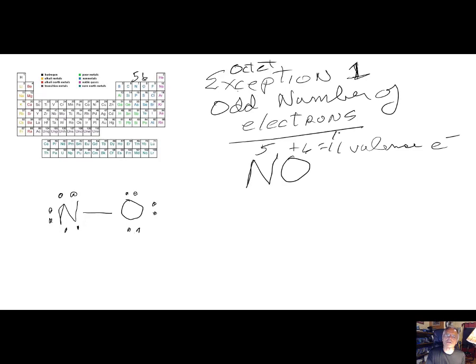Oh my gosh, I used 14, but I only have 11, so I'm 3 over. I can use 2 of those electrons and make another bond, so I could get rid of a pair of non-bonding electrons here and a pair here, and make a double bond. But that's still going to give me 2, 4, 6, 8, 10, 12. I'm still 1 over.